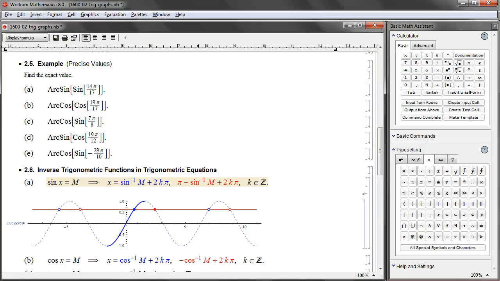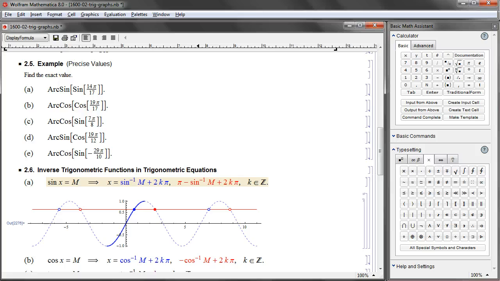So the solid blue and solid red pair is reproduced in the next period, this blue and red. If you move 2 pi to the left-hand side, we have another pair, blue and red. If we go on for the next period, and so on, we'll have another pair, another pair, blue-red, another blue-red, kind of like this.